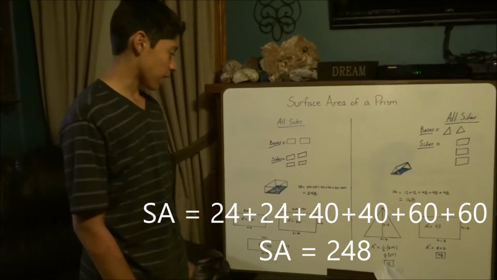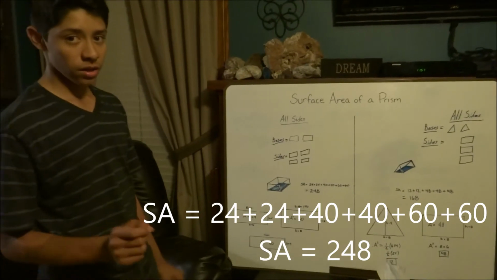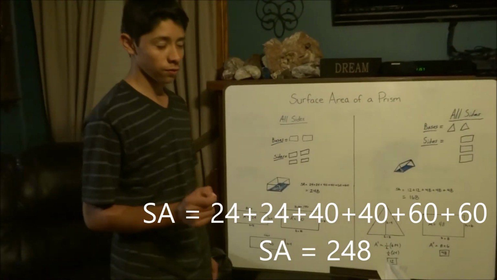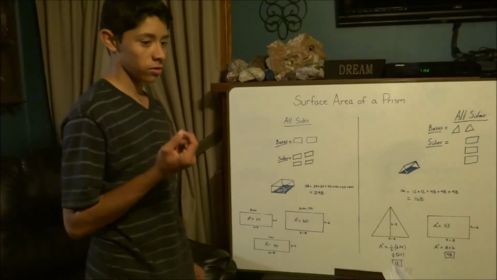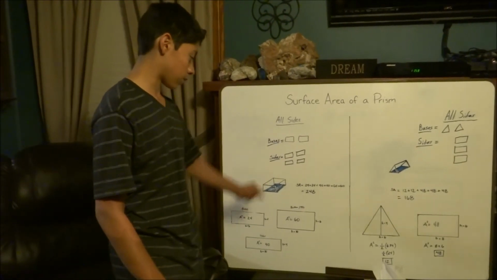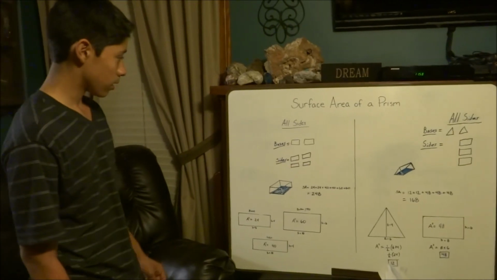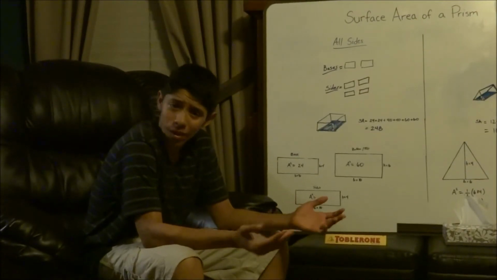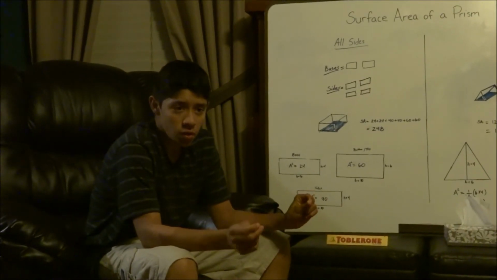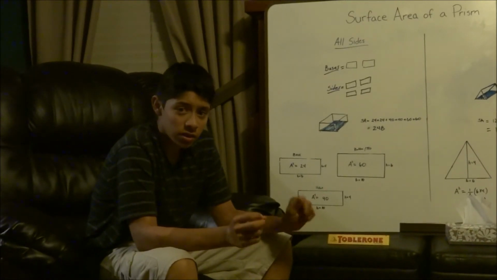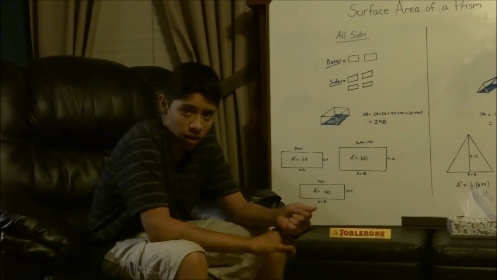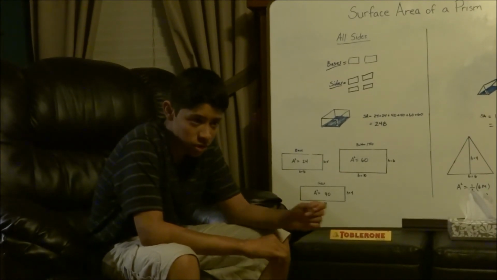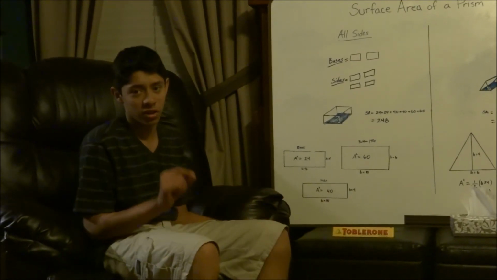And then once you add that up all together, it equals 248, which would be your final answer for the surface area of this prism. Okay, so in conclusion, if you know the area of each side, then you can easily find the complete surface area of the entire prism just by adding the areas together.